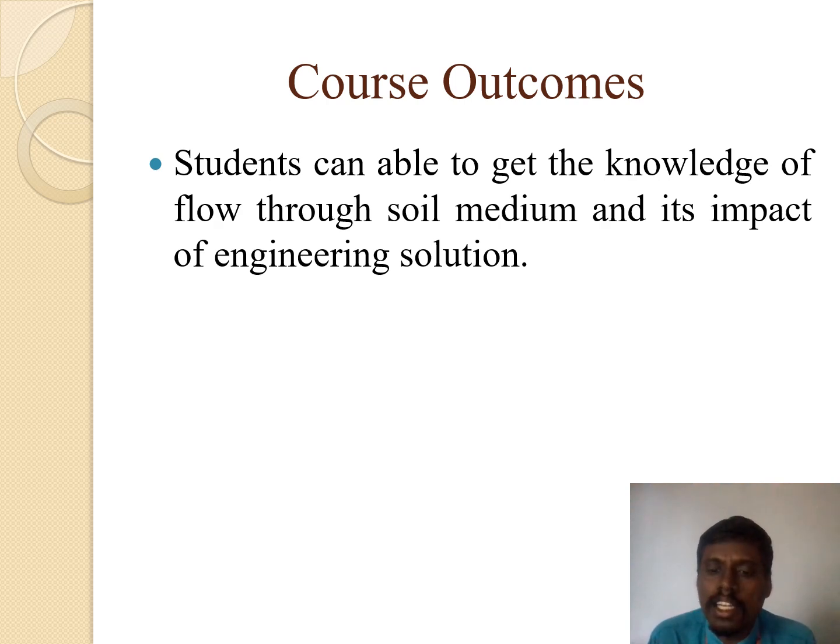The next thing is how to find the pore water pressure as well as the total stress. Pore water pressure u equals gamma w into h w, and total stress equals gamma into d. From these two parameters we easily calculate the effective stress.